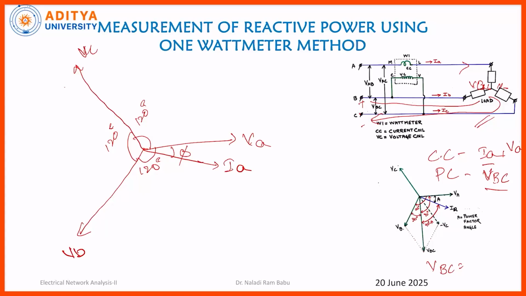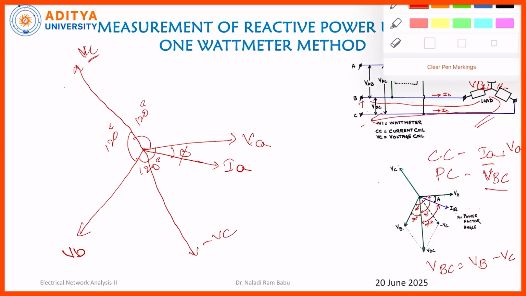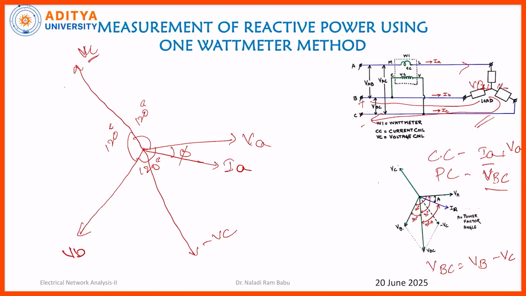VBC is equal to VB minus VC. That means, see here, VC is in the upward direction. This is minus VC. So now the phase angles will be, this one 60 degrees and this one 60 degrees.